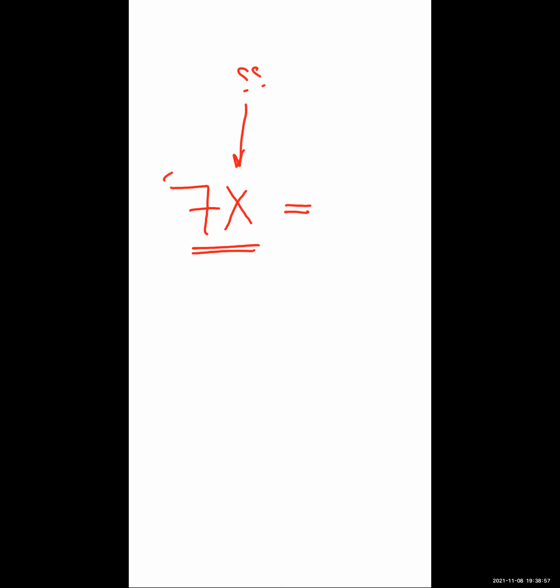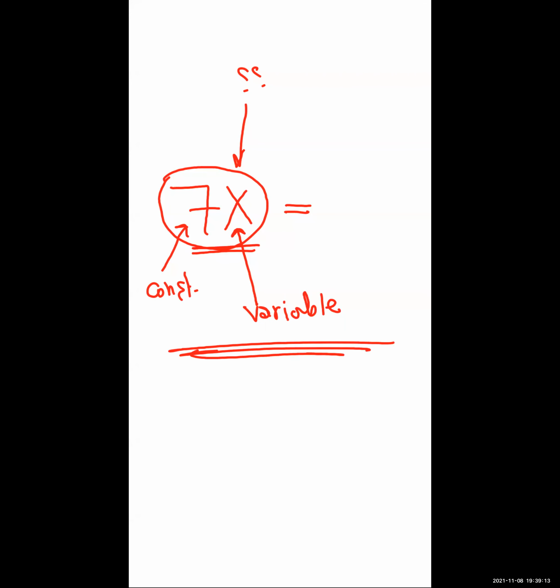So now, this term 7x consists of a constant and a variable. Listen, a constant and a variable. So to get the value of this term, 7x, we must know the value of x. If the question is to find the value of 7x if x equals 3, simply you will say that 7x means 7 multiplied by the value of x, which is 3.